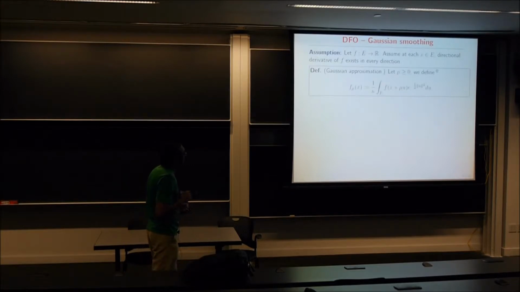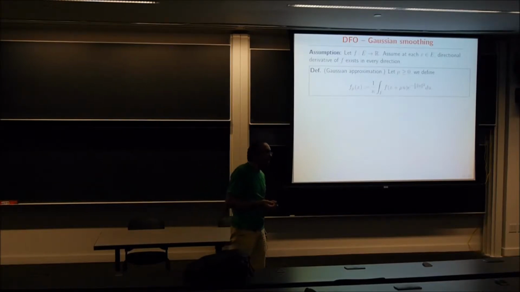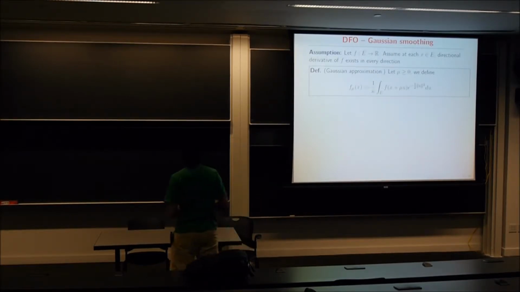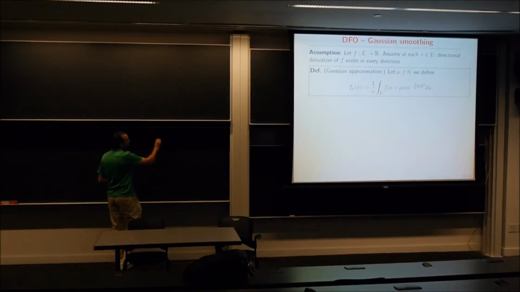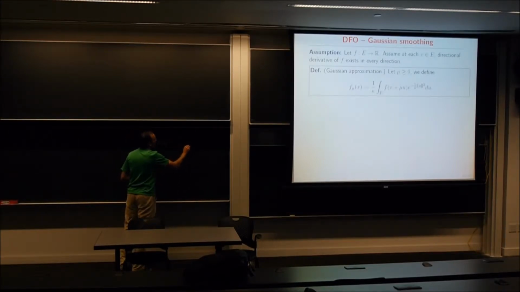Now let's look at this Gaussian smoothing. Previously I said we smooth by convolving with a nice density. Now let's do the simplest kind of density: a mean zero Gaussian. I just cleaned the notation a bit. Always remember throughout here that for us, u squared is u transpose B u, which I sometimes write as B u.